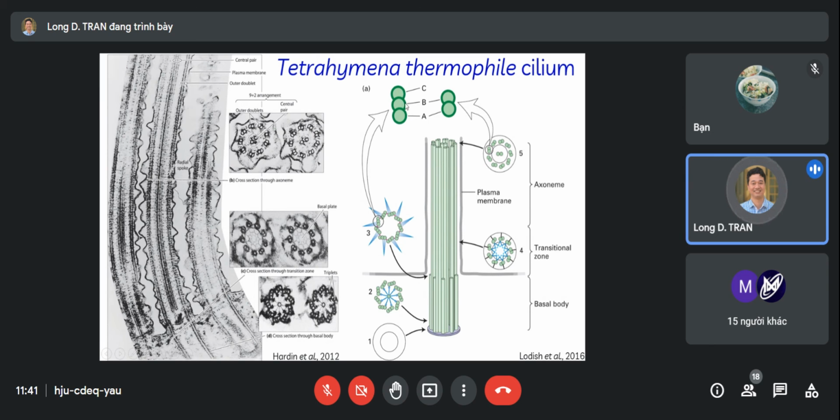And the A and B tubes will serve as a template to form the A and B tubes in the axoneme, or in the transitional zone, where in the basal body we have the center region.